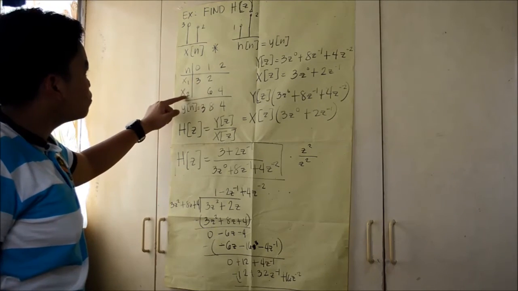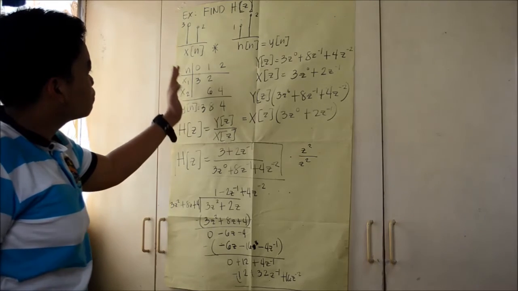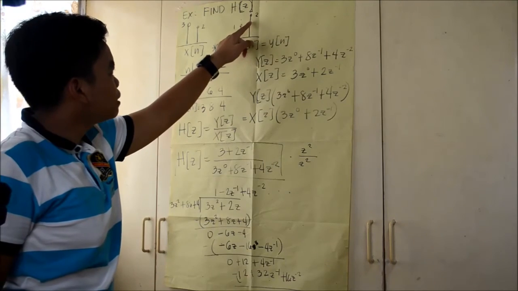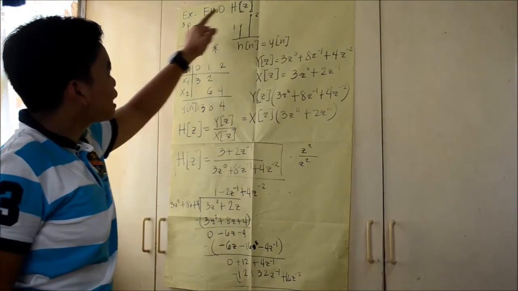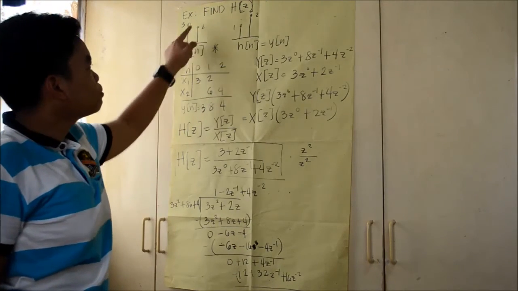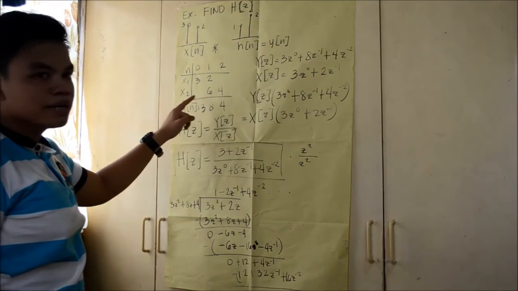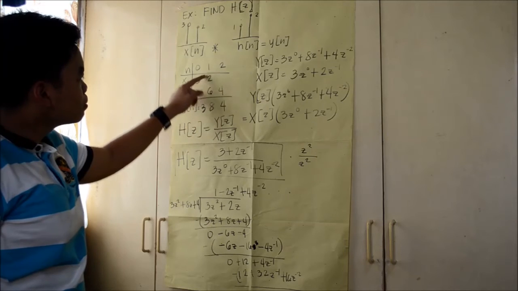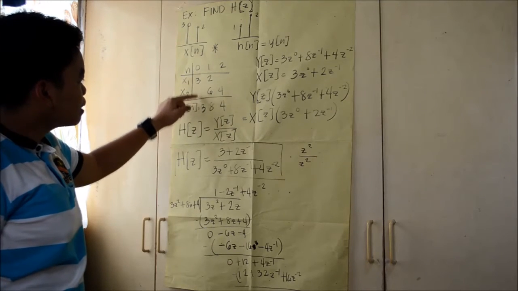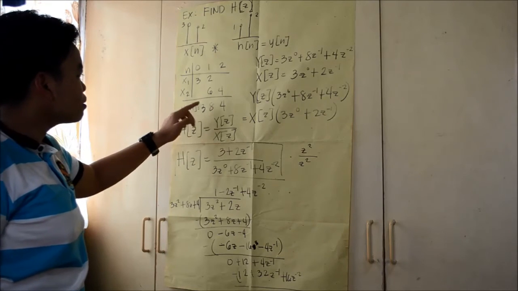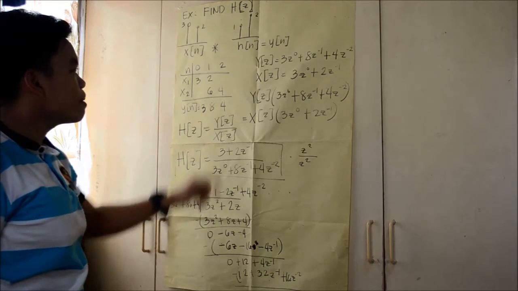And for X sub 2, we will shift here on this place, because we will be multiplying 3 times 2, 6, and 2 times 2 is equal to 4. Then we will be getting the sum, 4, 2 plus 6 is 8, bring down 3. Y[n] is equal to 3, 8, 4.